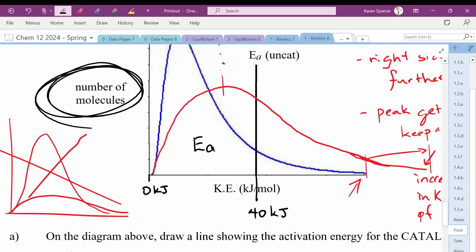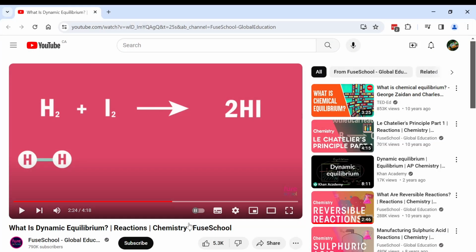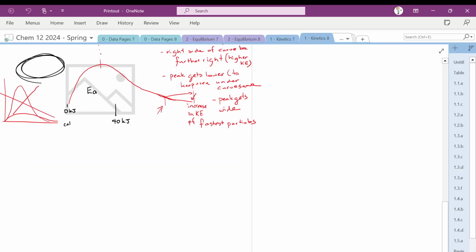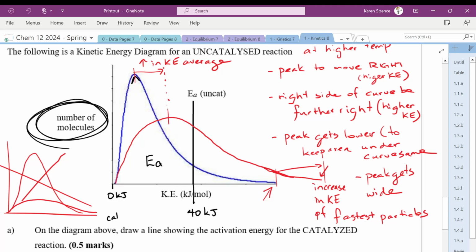kilojoules. And what does a catalyst do to the activation energy? A catalyst lowers the activation energy. Well, what happened? Where'd you go? Why'd you close? No. Okay, it's all right. We'll come back. Here it is. It's back. Okay. A catalyst lowers the activation energy.